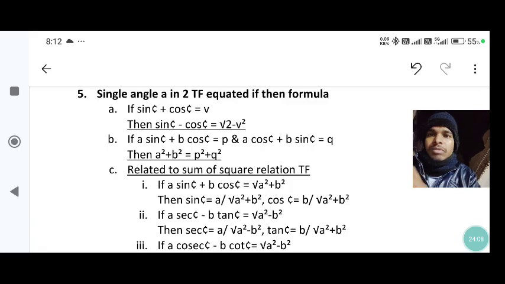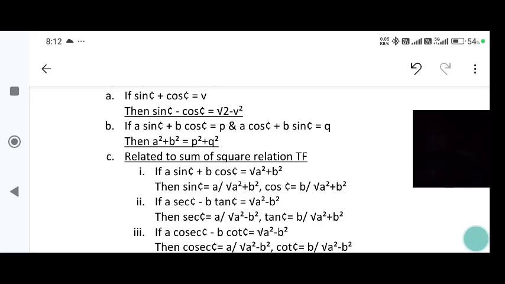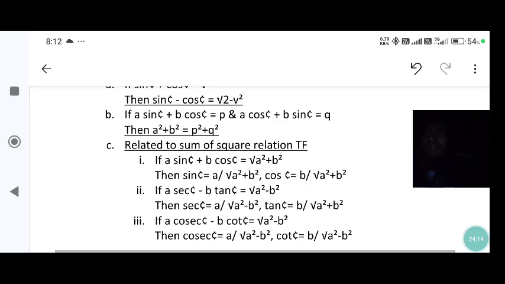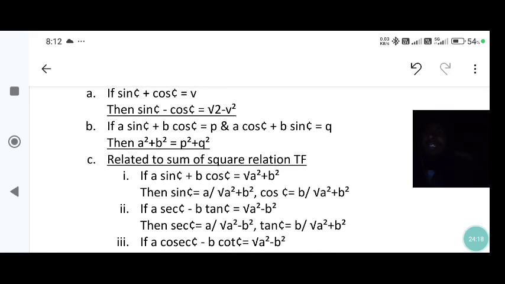Now, if a sin theta plus b cos theta is equal to some value p, and a cos theta plus b sin theta, with sin and cos exchanged, holds value q, then a square plus b square is equal to p square plus q square.